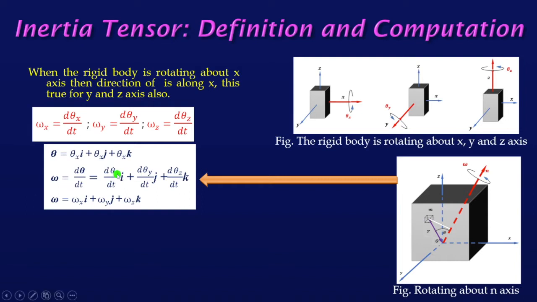Then from this equation this equals omega x, omega y and omega z. So the angular velocity of this particle is the summation of all these angular velocities.